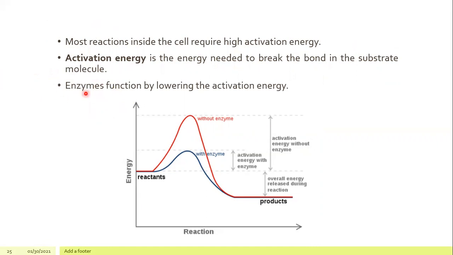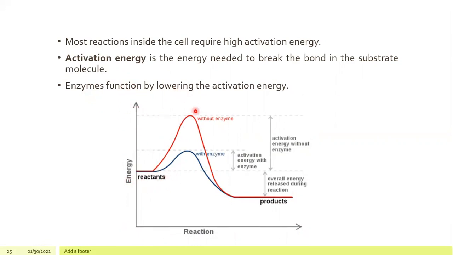And remember that the function of the enzyme is to catalyze, to speed up the process. How it speeds up the process is actually by lowering the activation energy. Here's a graph to explain the activation energy with and without enzyme. We'll have a look at this. So you see the x-axis is the reactions, okay, any reactions in the cell, maybe cellular respiration, and the energy will be the y-axis.